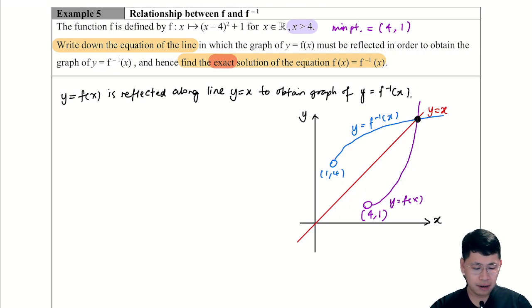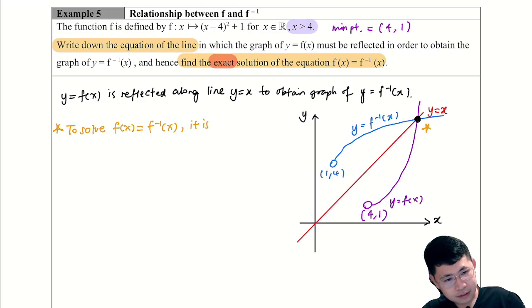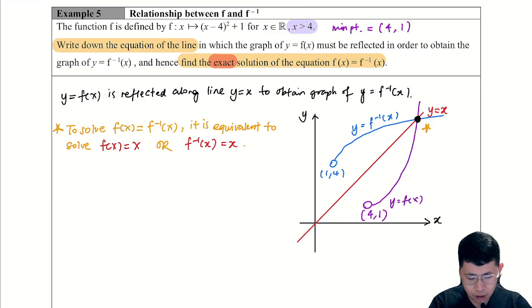Because of this intersection, in order to solve f(x) equals f inverse of x, it is equivalent to solve f(x) equals x, or f inverse x equals x, because they intersect at this very point where y equals x. And they have the coordinates (x, x) also.